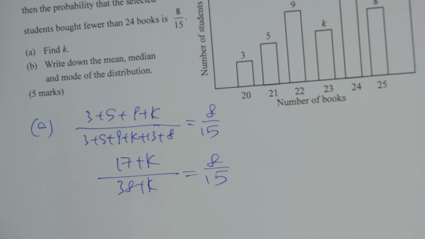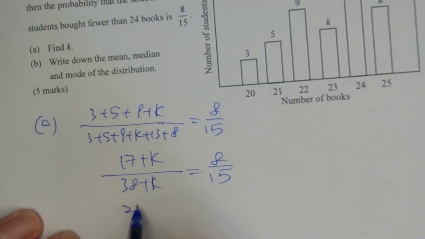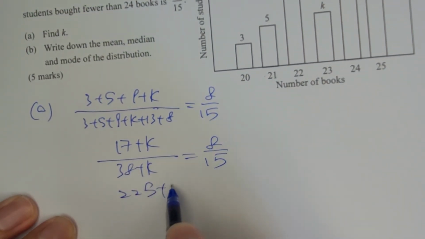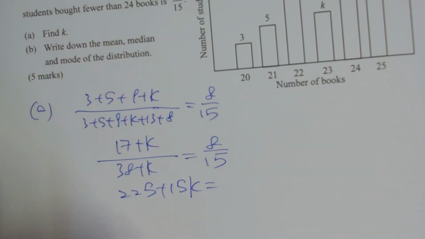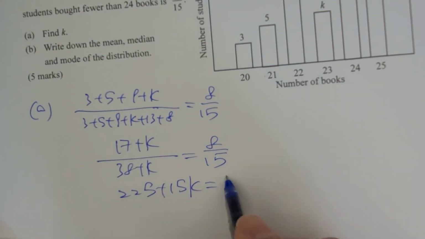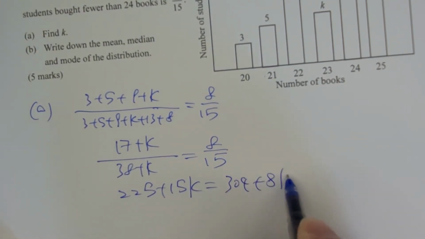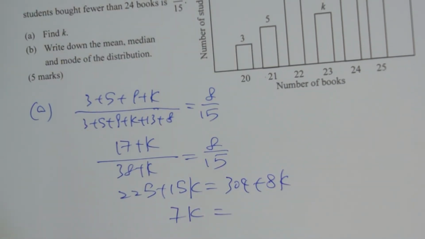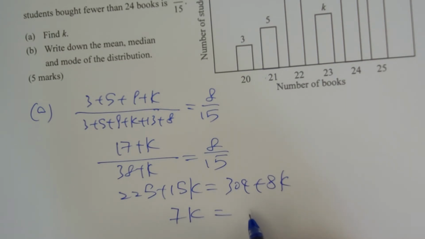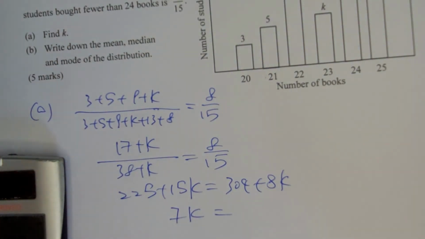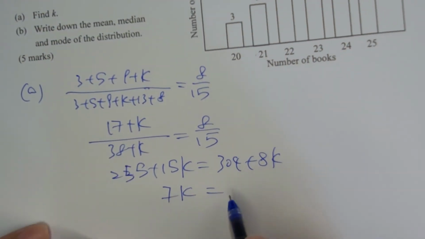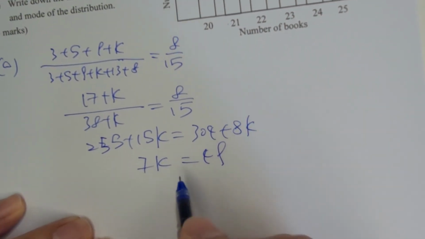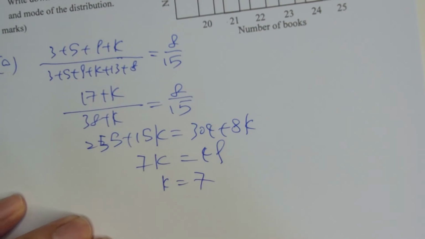Do the cross multiplication. 225 plus 15K equals 304 plus 8K. Then you can find K. So K equals 7.